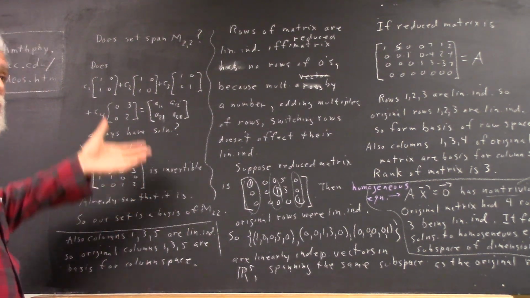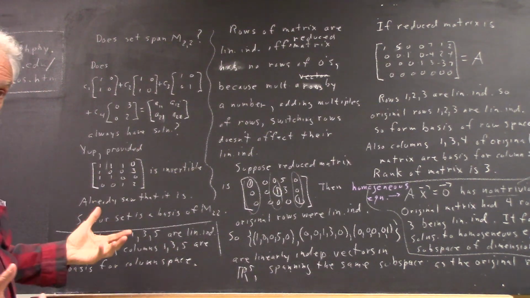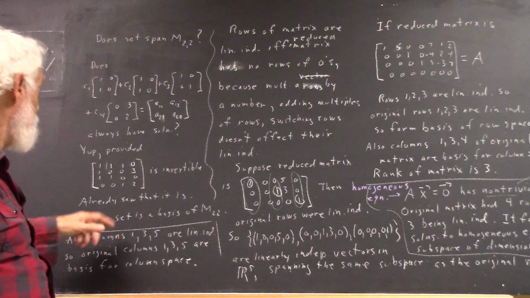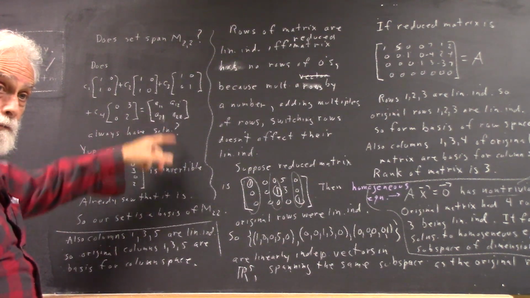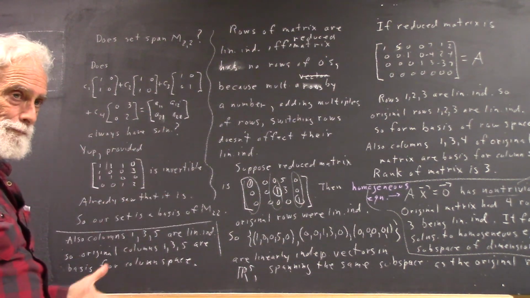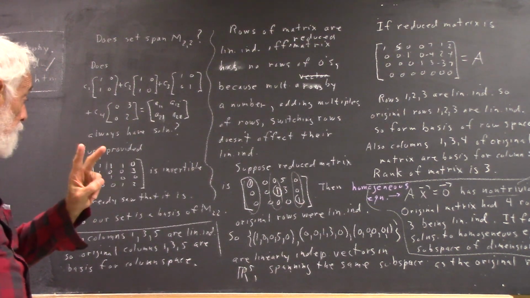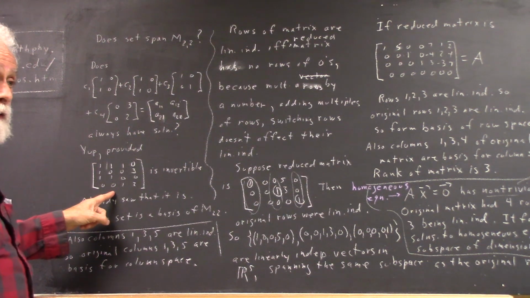Solve it to see if the C1 through C4 has to be 0. And then, if that's the case, set it equal to this matrix and see if you get a solution for C1 through C4. In both cases, the answer is going to be yes if this matrix is invertible.